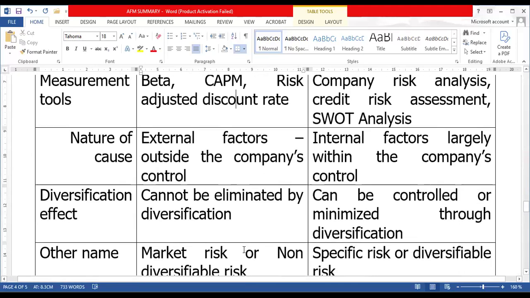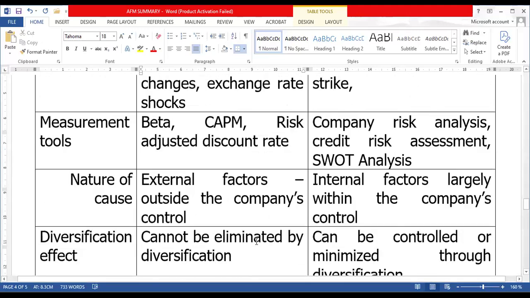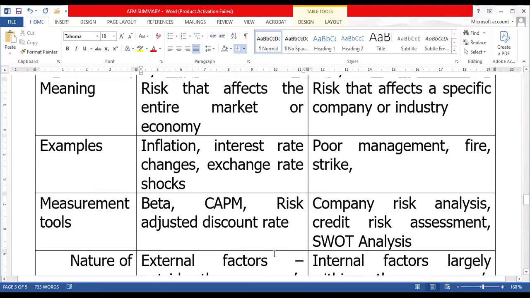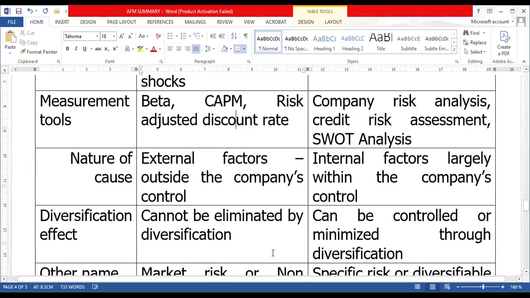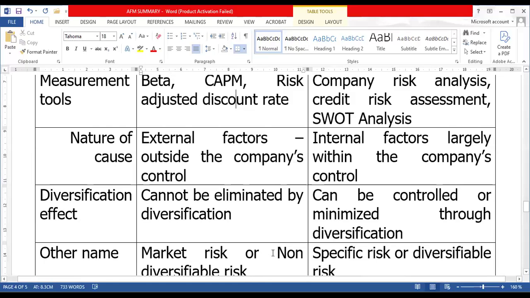When you go deeper, you'll hear things like interest rate swaps to mitigate the risk, interest rate futures, interest rate options. All those can help you eliminate at least these risks. So if they ask you the ways you can eliminate systematic risk, you probably need to put those points. Hedging techniques.